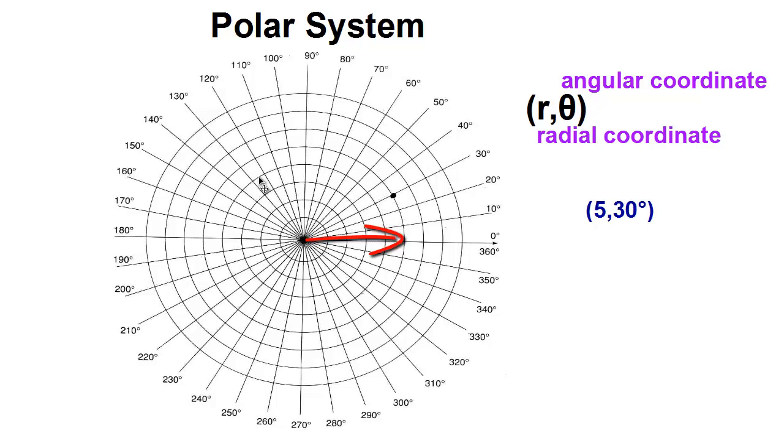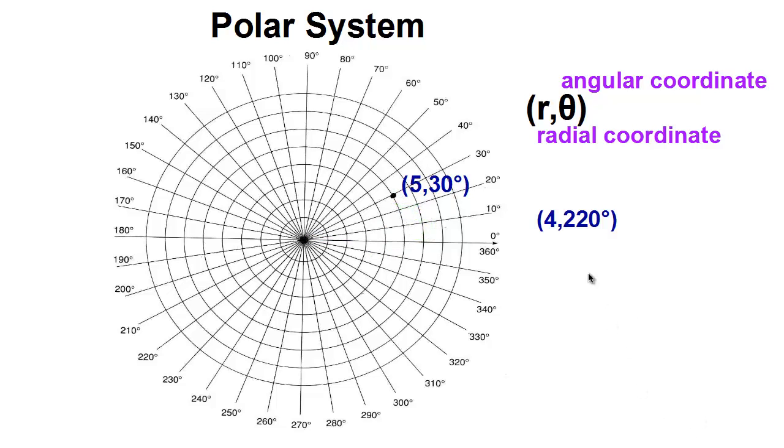So somewhere on this fifth circle out is where the point lies, and it lies at an angular coordinate of 30 degrees. So from 0 degrees, we're going to go counterclockwise 30 degrees along that fifth ring to find that point. So indeed, the point 5, 30 degrees is right there at a radius of 5 and an angle of 30 degrees.